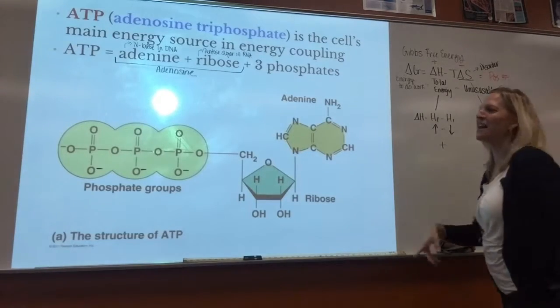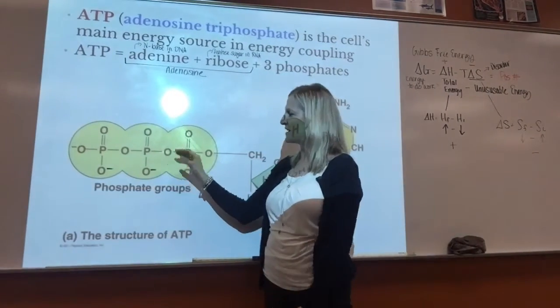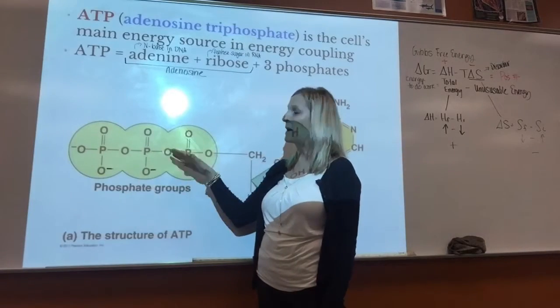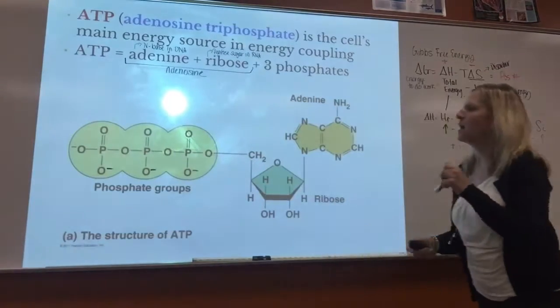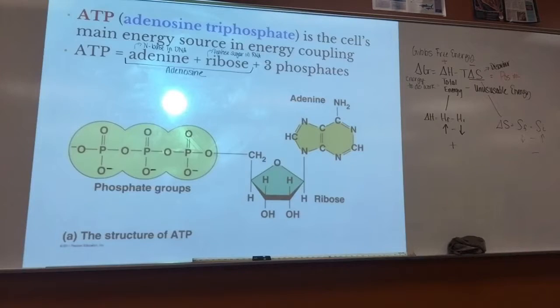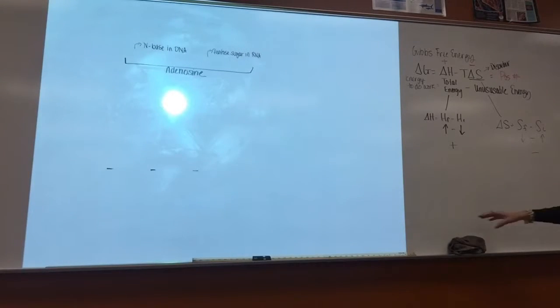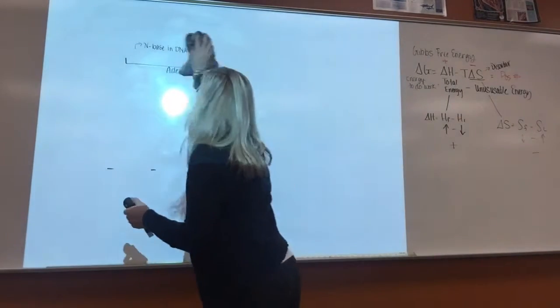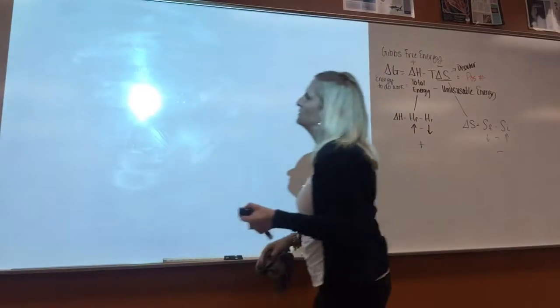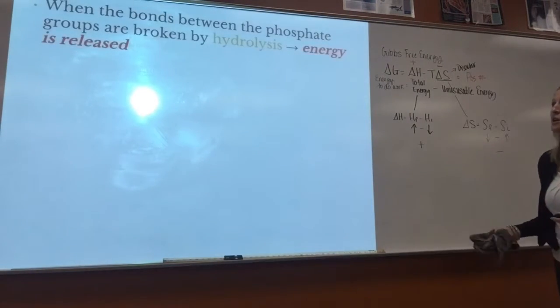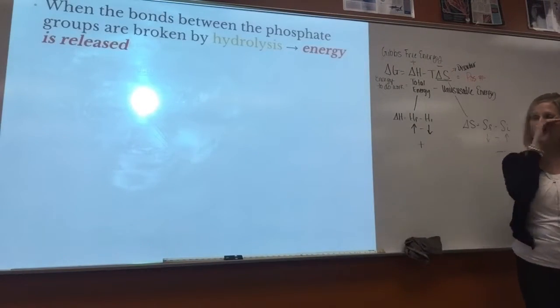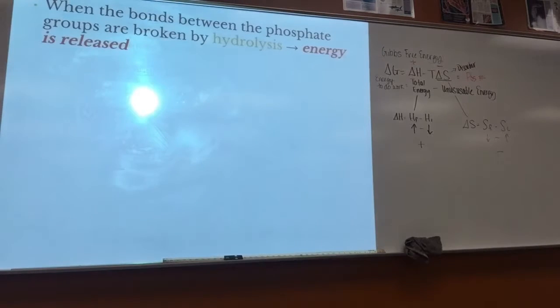All right, they repel. And so what happens is that these phosphate groups here, we have some unstable bonds between the phosphate groups. And that's important to make it a very high energy molecule. All right, so when the bonds between the phosphate groups are broken by hydrolysis, remember adding water, energy is released.